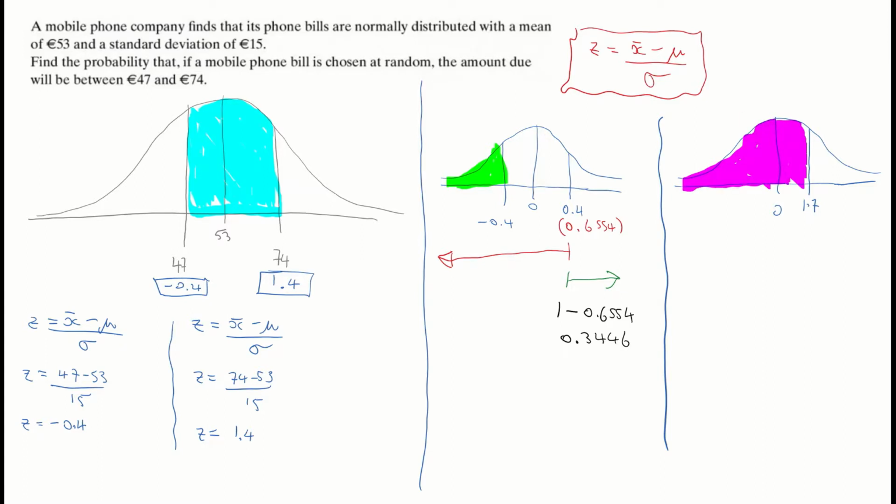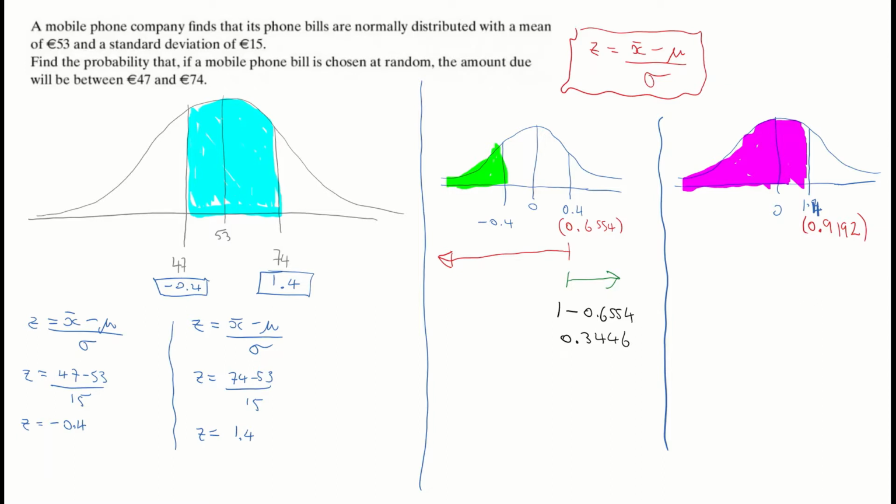In my log tables, 1.4 is giving me 0.9192. So let's just write that in, 0.9192. Now I don't need to take that away from 1 because that is what I wanted. I wanted everything to the left of 1.4, and that's what I found.